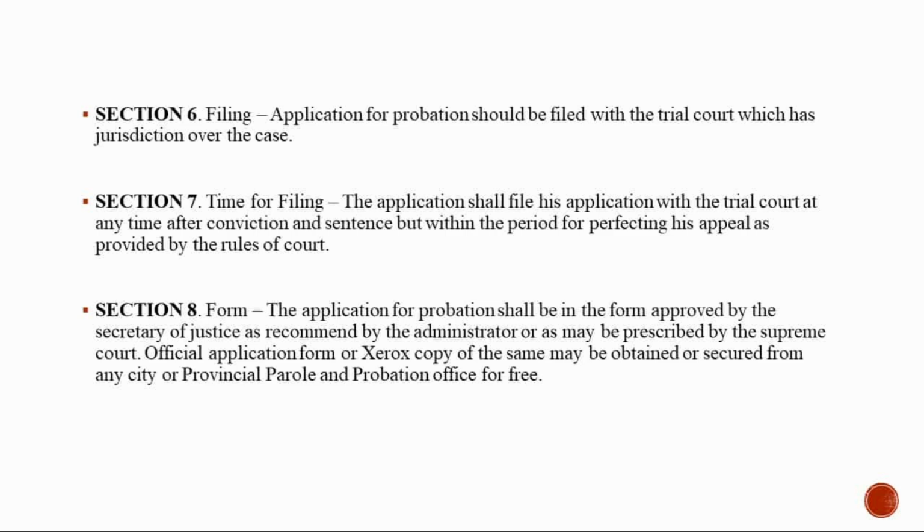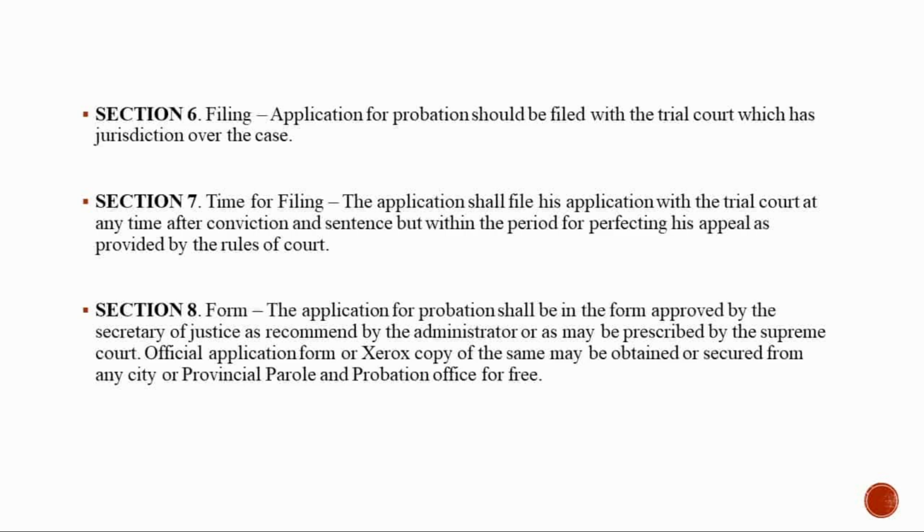Section 8, form. The application for probation shall be in the form approved by the Secretary of Justice, as recommended by the administrator, or as may be prescribed by the Supreme Court. Official application forms or Xerox copies of the same may be obtained from the city or provincial parole and probation officer.